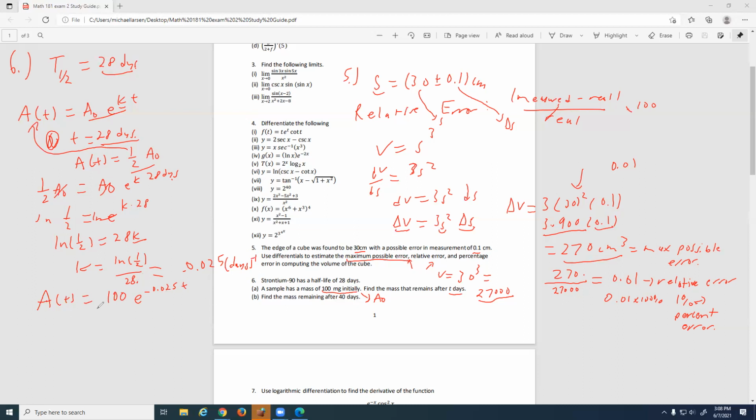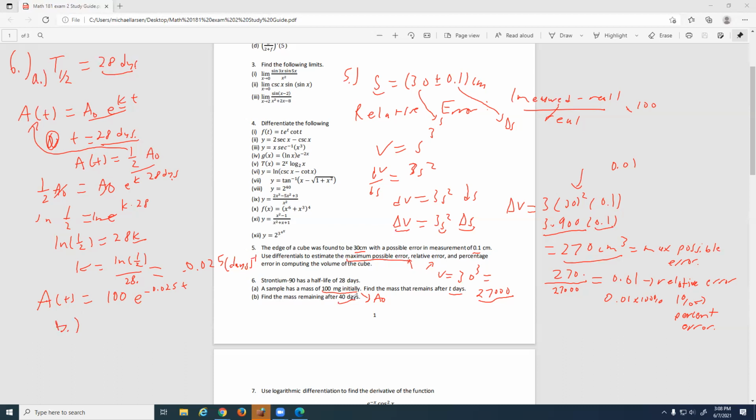All right, so any questions on part A before we move on to part B? No. Cool. All right. And then for part B, super easy. All we have to do is plug in t equals 40 days to find the mass after 40 days.